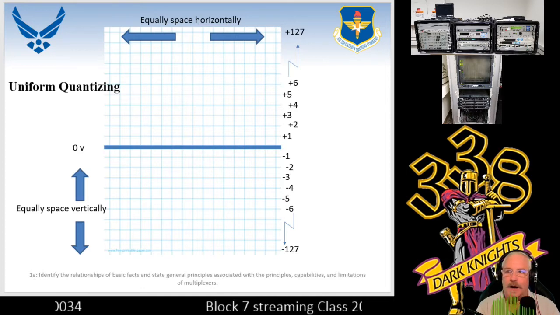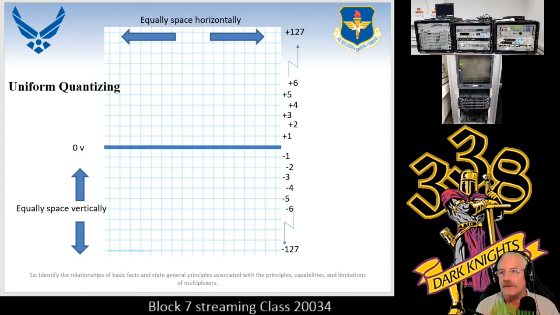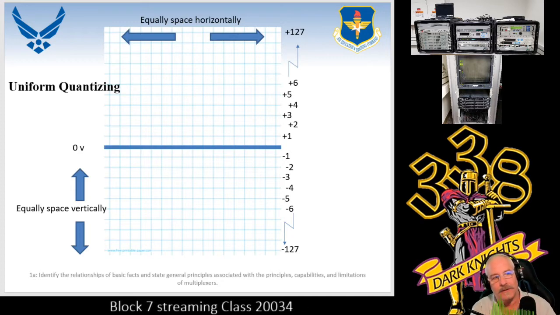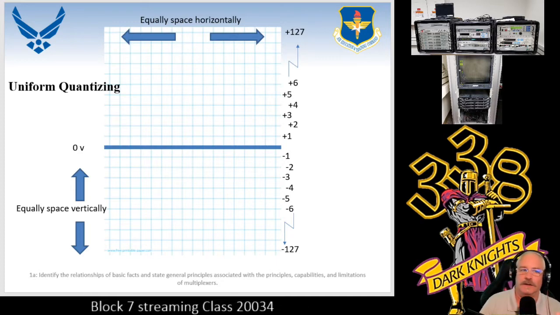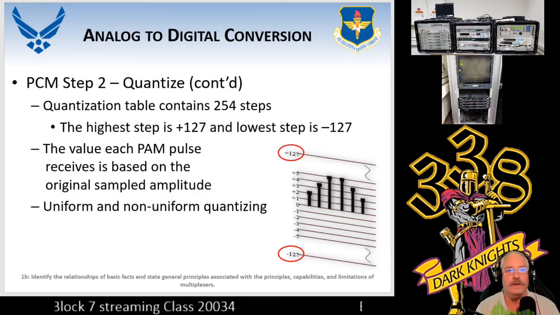Now with that in mind, we're going to put the pulses on each one of those. And you can imagine there's 8,000 samples that you're going to put on 8,000 of those equally spaced sections of the table. Now with this, there's 254 steps.